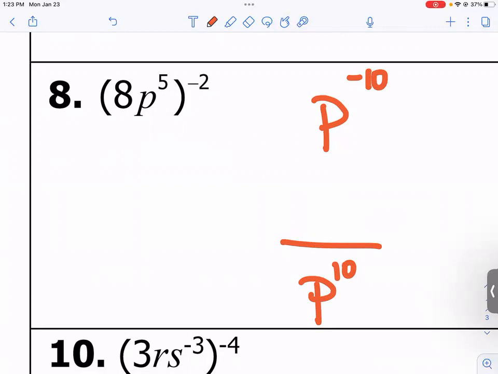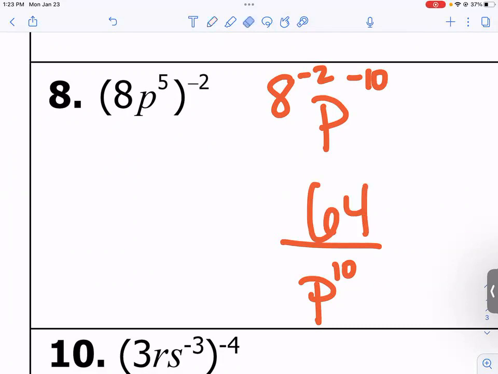Since exponents mean we square them, 8 times -2 would not be -16. But if we're squaring it, 8 squared is 64. It is not negative 64. Okay, I agree that there is a 64, but it's not here.